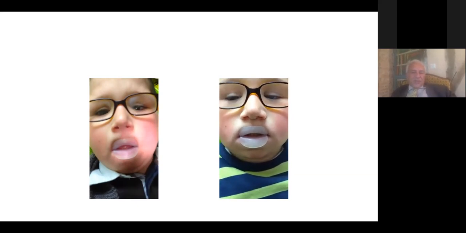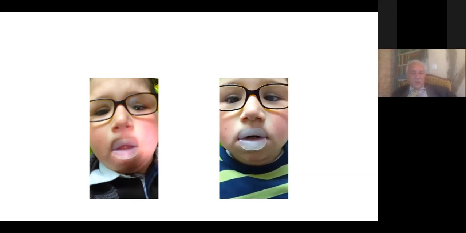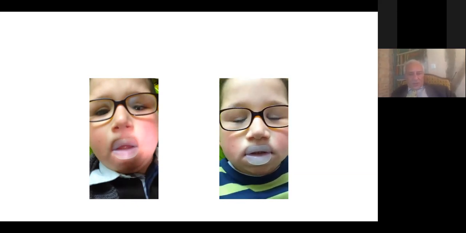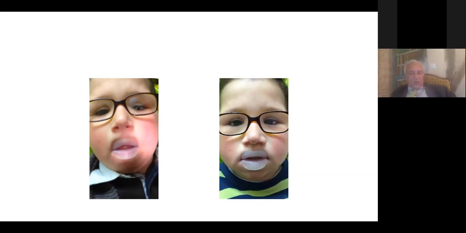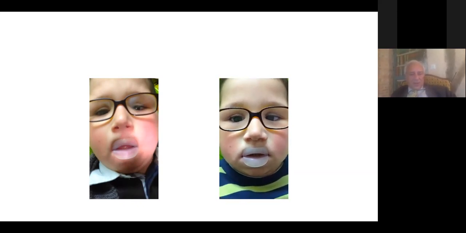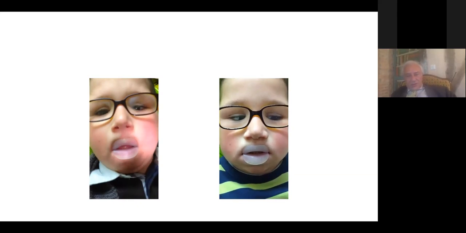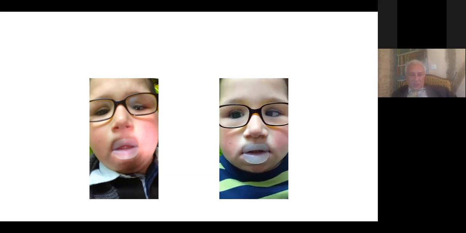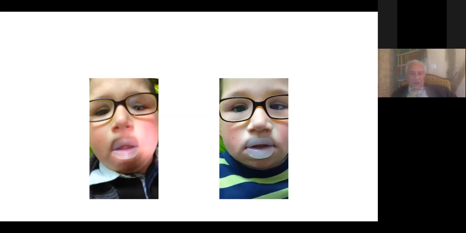We asked him to swallow, and he has learned to swallow correctly, but a top-down approach was impossible because he was very handicapped, and the only way to re-educate him was a bottom-up action.